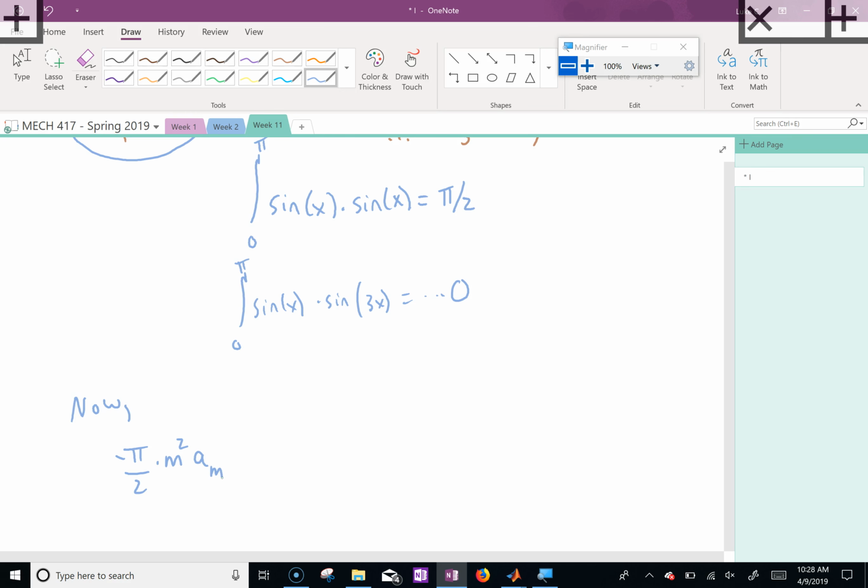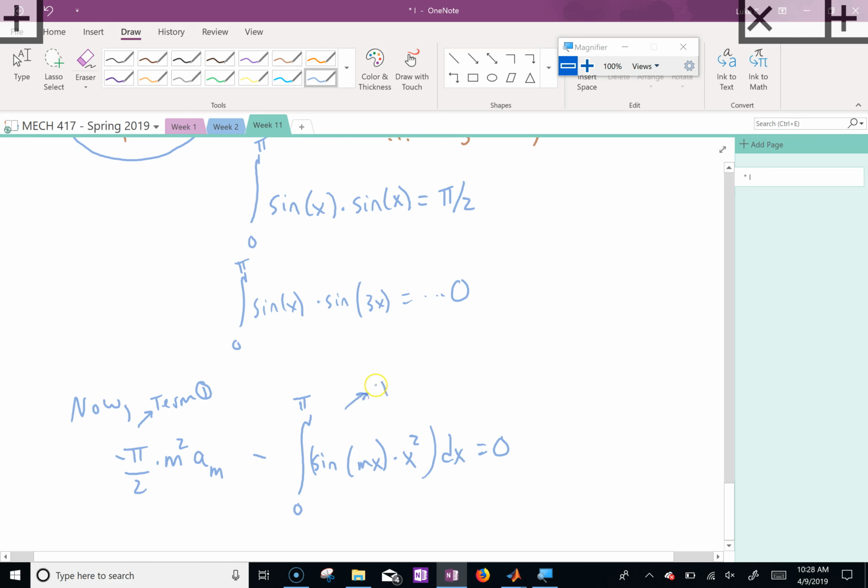This is now term 1. Then minus the integral from 0 to pi of sine of mx times x squared, all times dx. This is term 2.